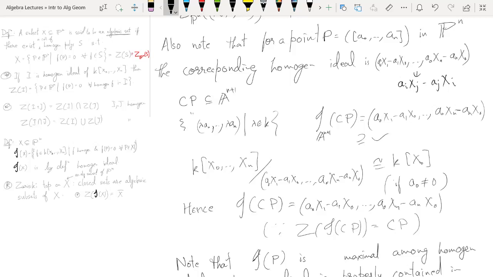So Pn is a quotient of A^(n+1) minus origin, so you have a quotient map from A^(n+1) minus origin to Pn. You just look at the pre-image and throw in the 0.